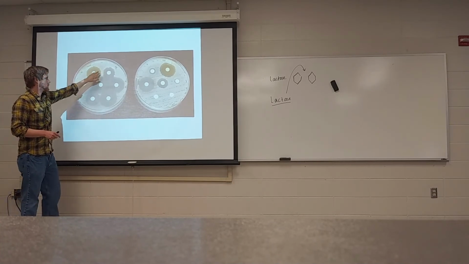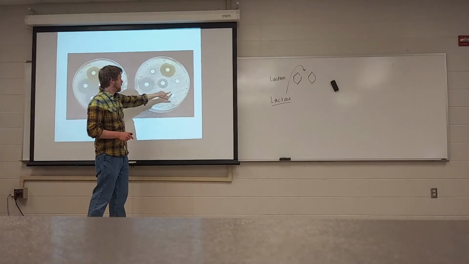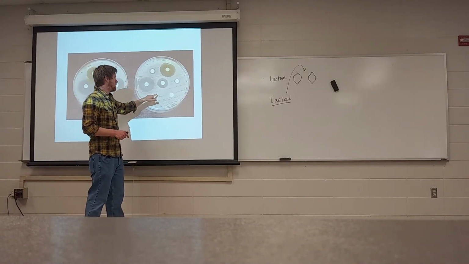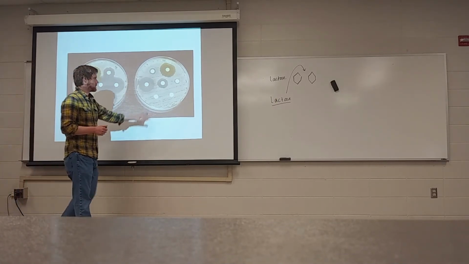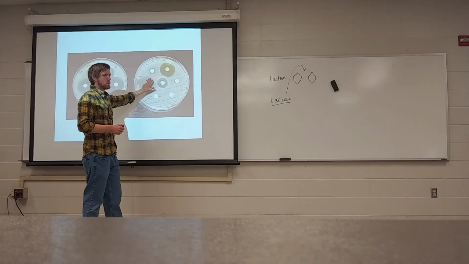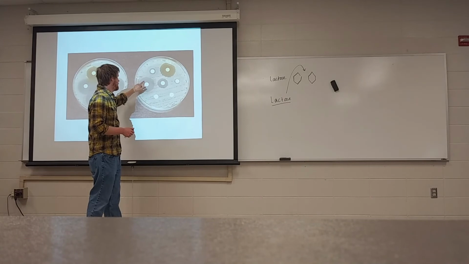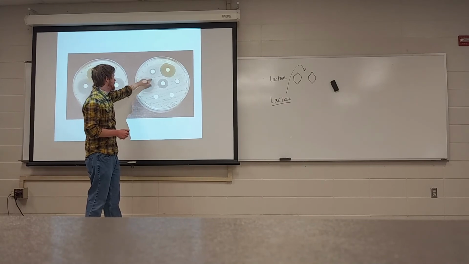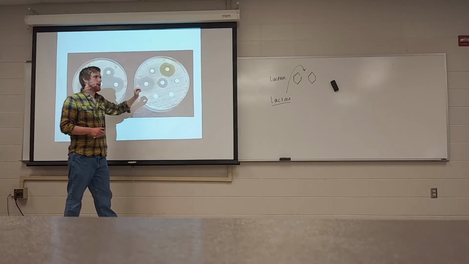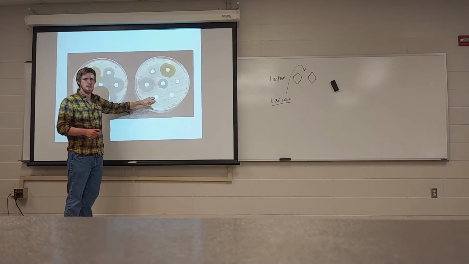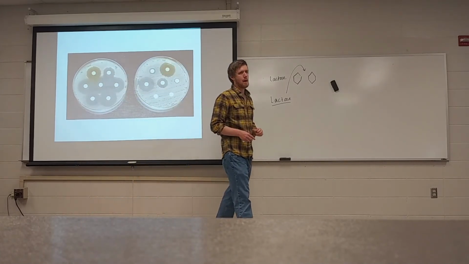So you can see how there's no growth around these discs. Over here, these two discs no longer have any antibiotic property, at least not in regard to this particular bacterial species. It's greatly reduced in this one as well as this one. This one still has an area of no bacterial growth, so does this one and so does this one. But as you can see, the bacteria is now resistant to these particular antibiotic discs.